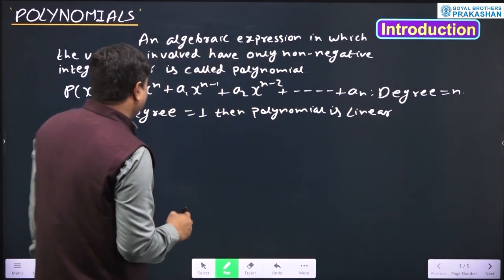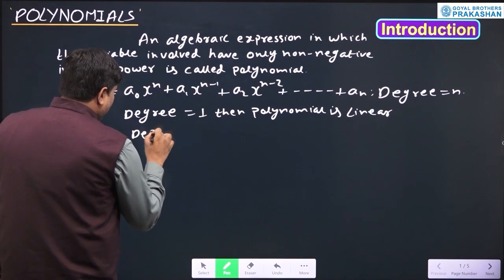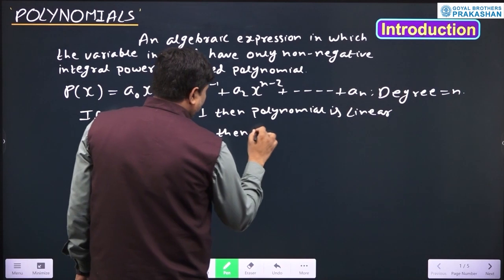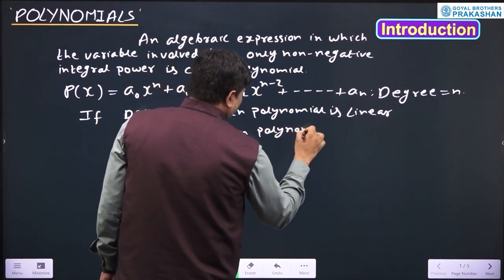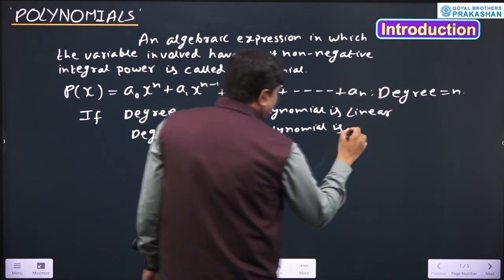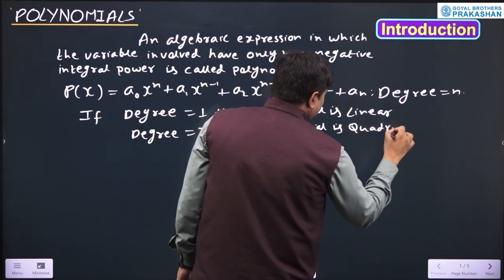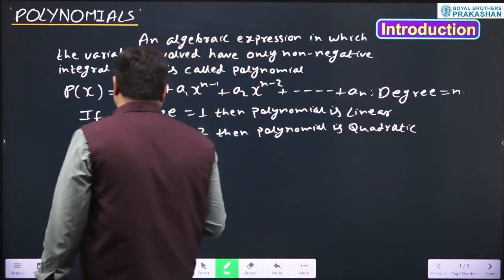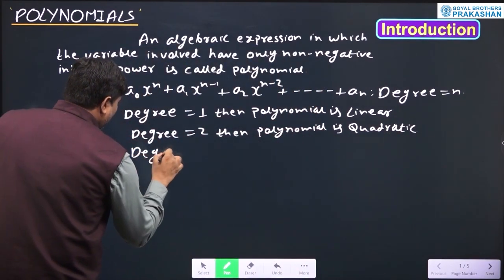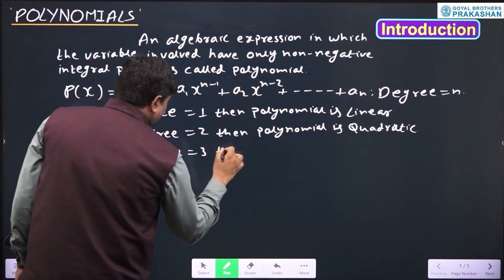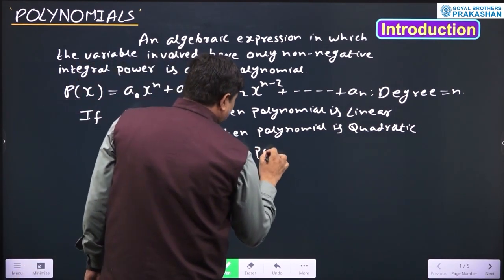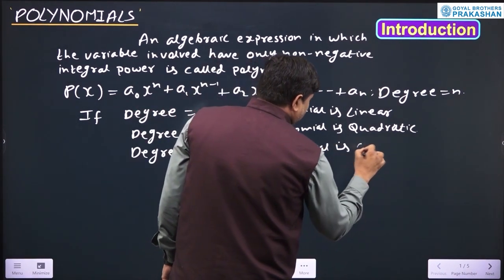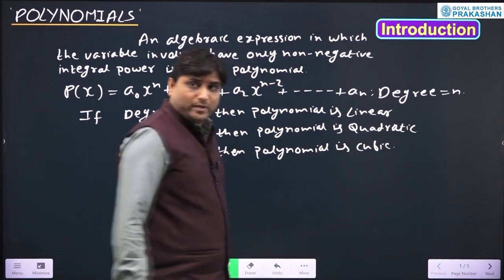If the degree of the polynomial is 2, then it is called a quadratic polynomial. If the degree of the polynomial is 3, then it is called a cubic polynomial.